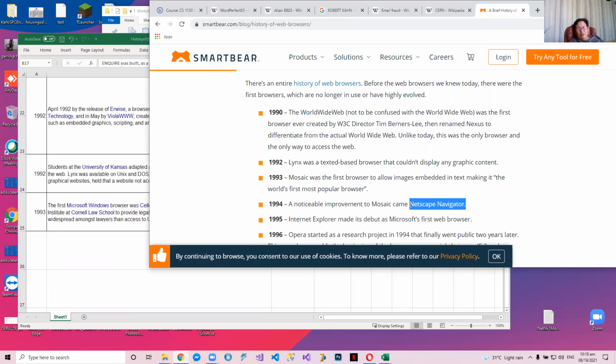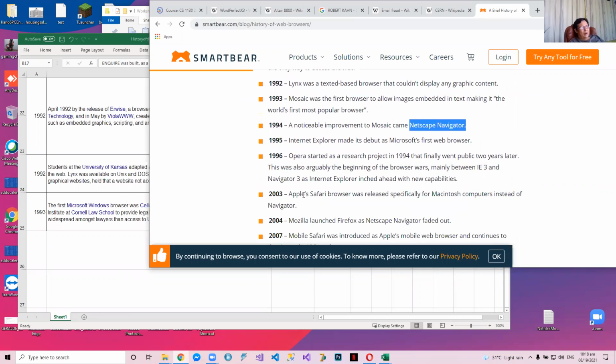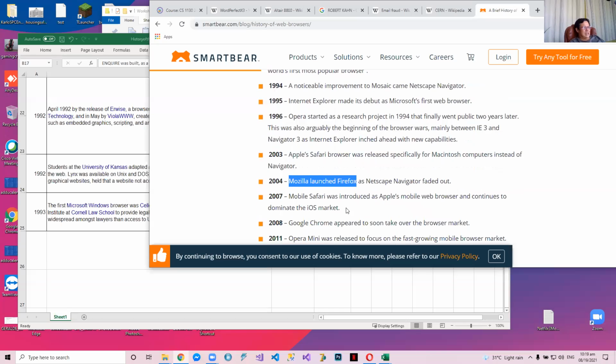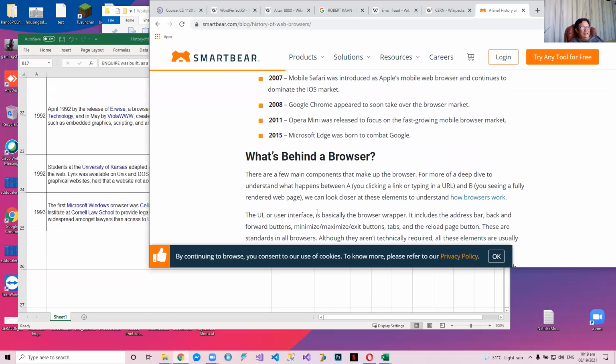Now Netscape is called Mozilla. 1995 was Internet Explorer. 1996 was Opera. Safari was 2003. Now, it's called Mozilla Firefox in place of Netscape Navigator. We have Google Chrome in 2008. Microsoft Edge lately. Okay. Any questions so far?